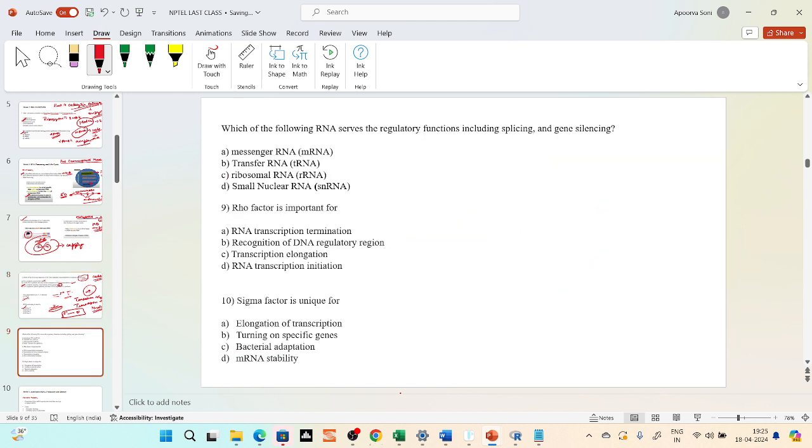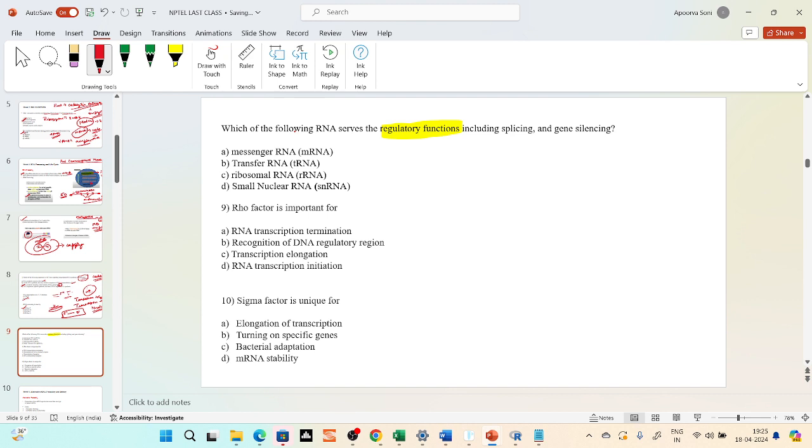Okay. Next question is, which of the following RNA serves regulatory functions, including splicing and gene silencing? Here we are specifically talking about regulatory functions. Let's see the options: mRNA, tRNA, rRNA, or snRNA.